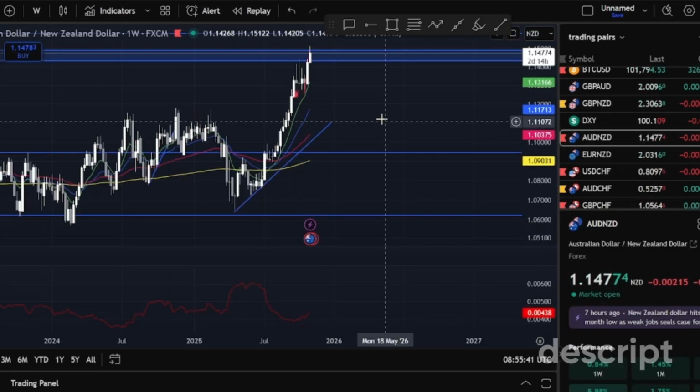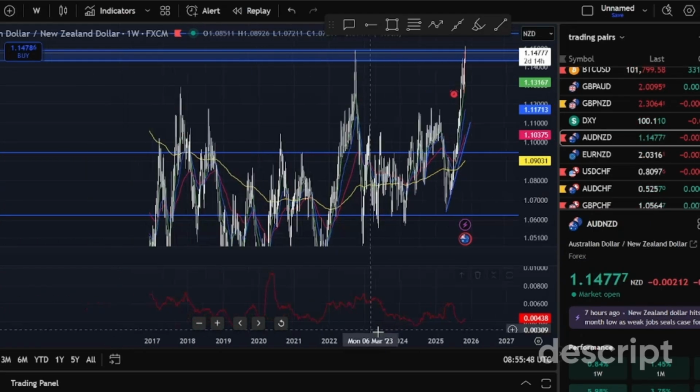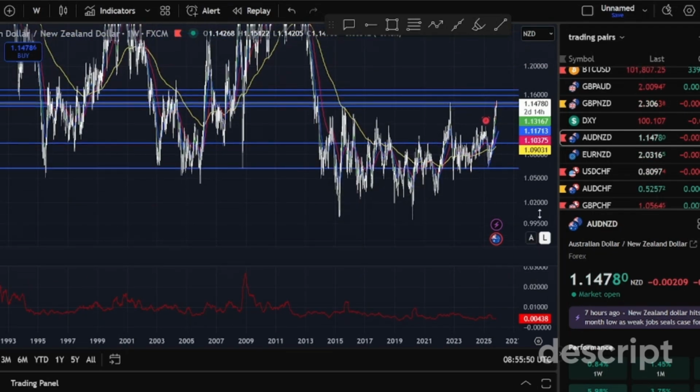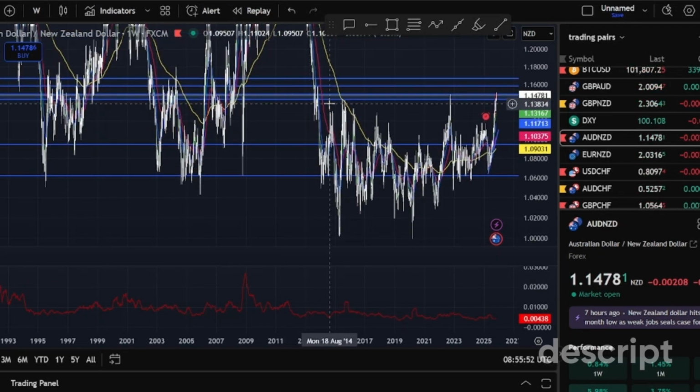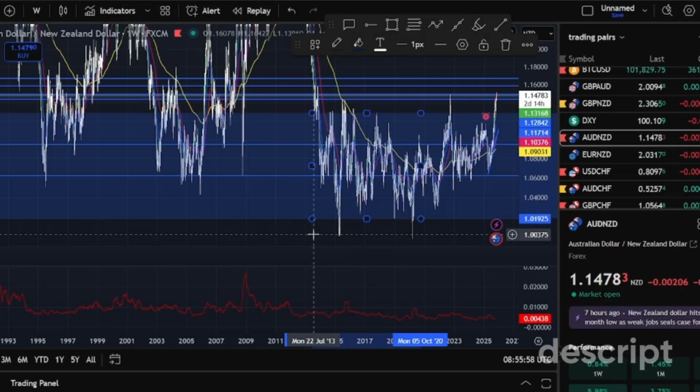If we take a look at Aussie New Zealand, we zoom out on the weekly first. I always do top down. You can see it's been pretty much in a big range for almost 10 years.